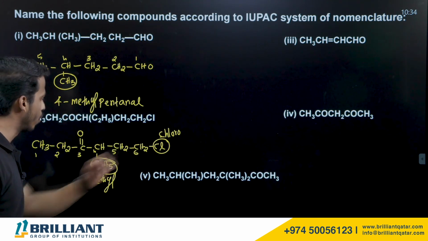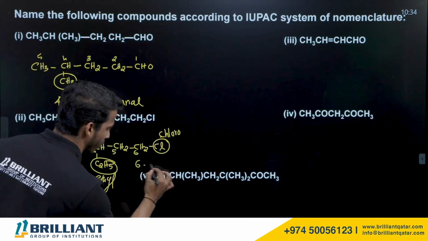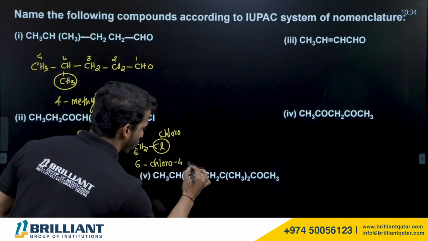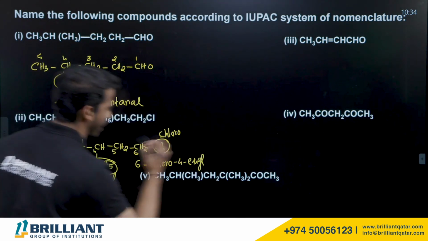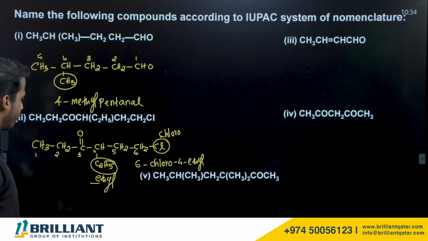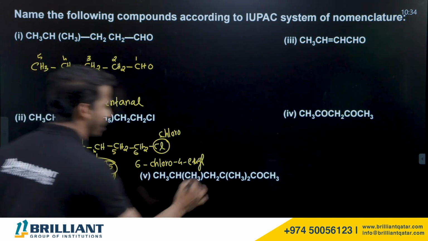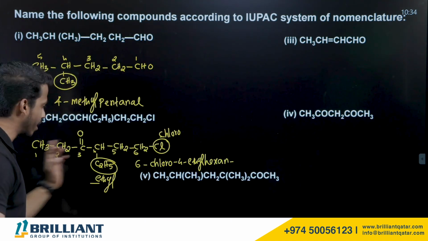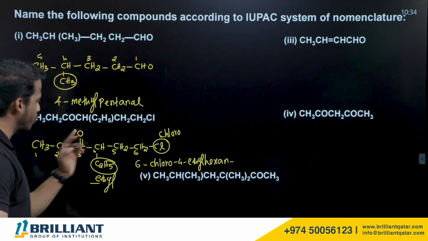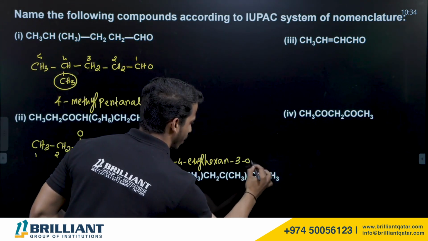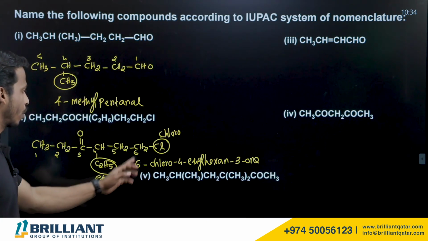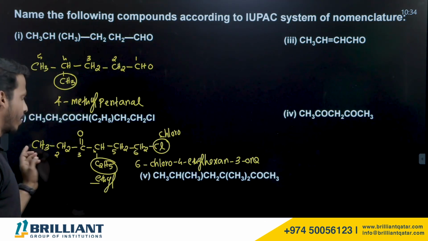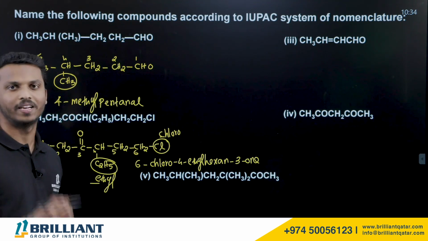So 6-chloro, and at the fourth position ethyl, 4-ethyl. Total there are 6 carbons in the chain, therefore hexane, an alkane chain. At the third position there is a ketone, so we say 3-one. So 6-chloro, 4-ethyl, hexan-3-one.